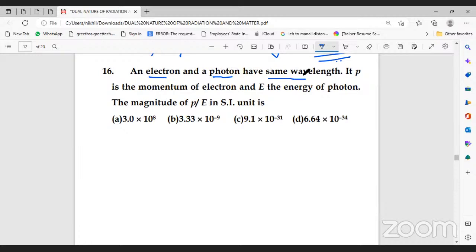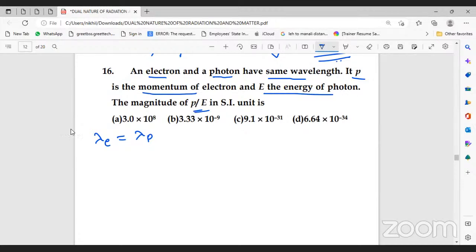They have the same wavelength. Wavelength of the electron is equal to the wavelength of the photon. What is P? P is the momentum of the electron. E is the energy of the photon. Then what is the ratio of P by E?